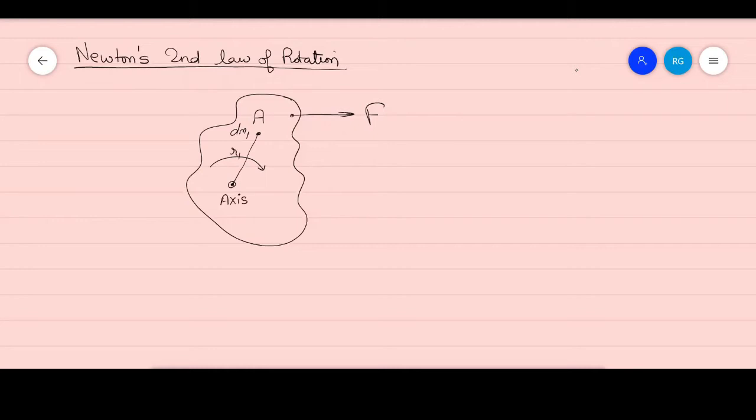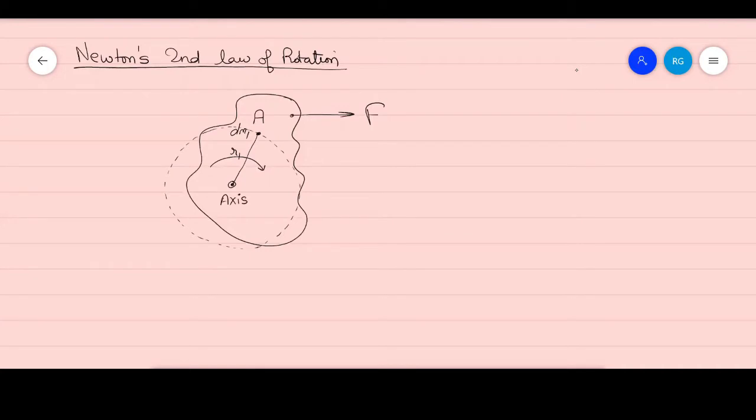So this particle will move in a circular path because the axis is fixed, as I have shown in this diagram.